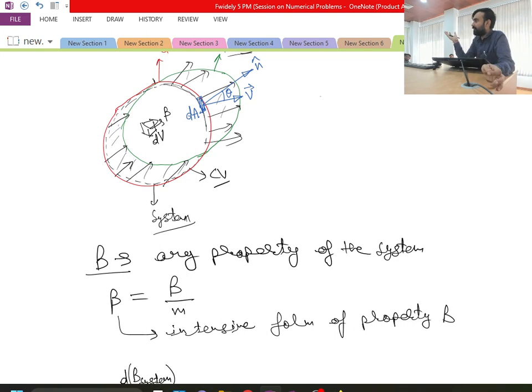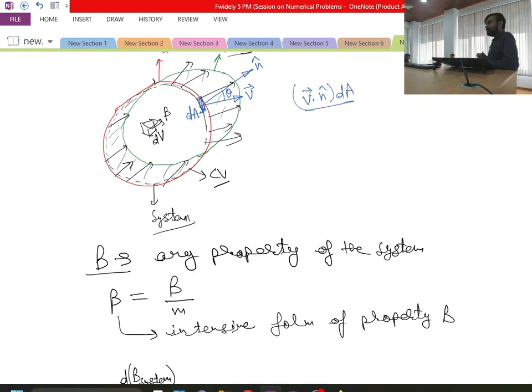Volumetric flow rate is area into velocity, but we always have to consider the component of velocity normal to the area. So I can write V vector dot n cap times dA. This is the volumetric flow rate. To find the mass flow rate of the fluid, I multiply this with density rho. Is this point clear?